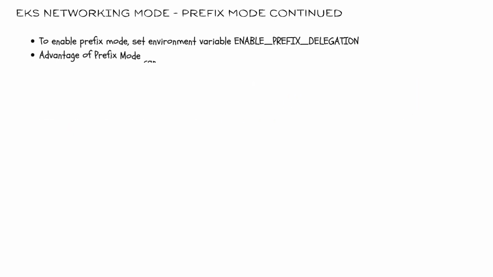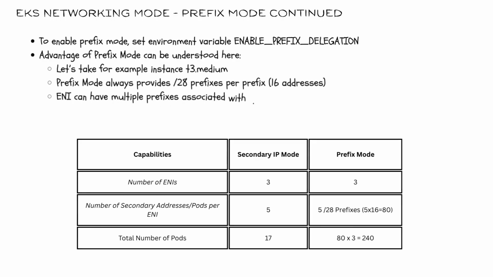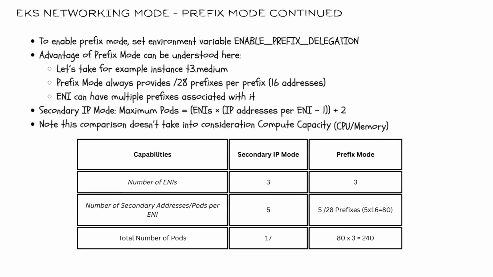To enable prefix mode in Amazon EKS, you just need to set the Enable Prefix Delegation environment variable in the AWS node daemon set. This tells the VPC CNI plugin to start assigning IPs using prefixes instead of individual secondary IP addresses.